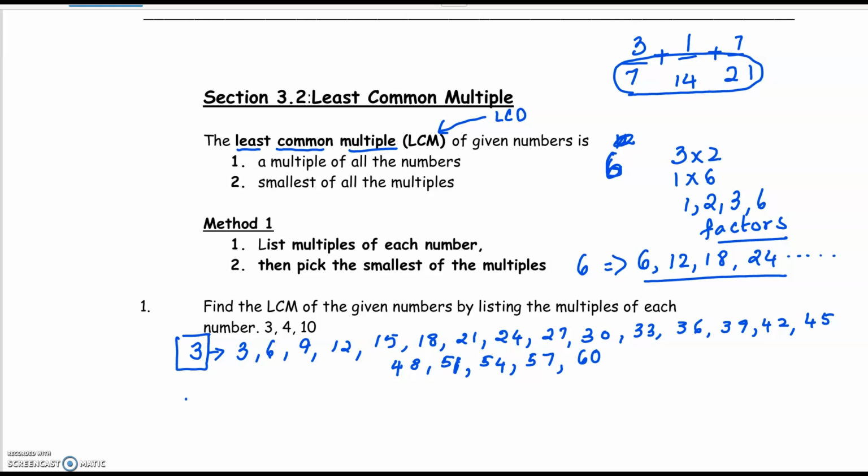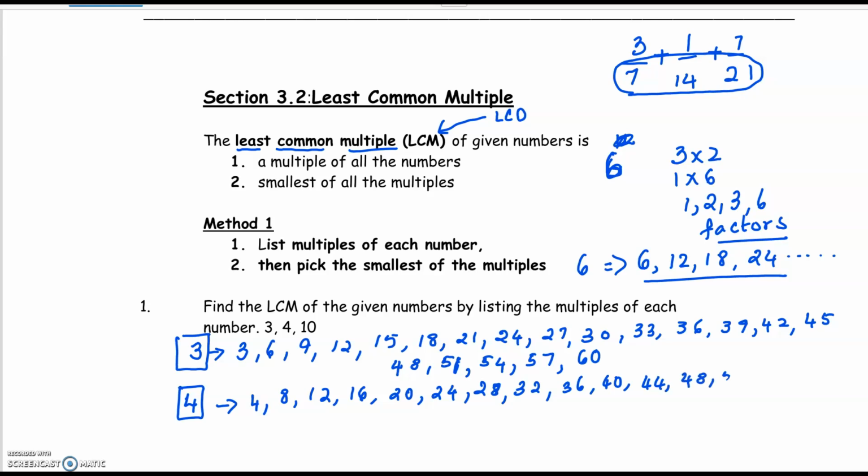Now let's list the multiples of 4. 4 times 1 is 4, 4 2s are 8, 4 3s are 12, 4 4s are 16, 4 5s are 20, 4 6s are 24, 4 7s are 28, 4 8s are 32, 36, 40, 44, 48, 52, 56, 60, and we can keep going on and on.